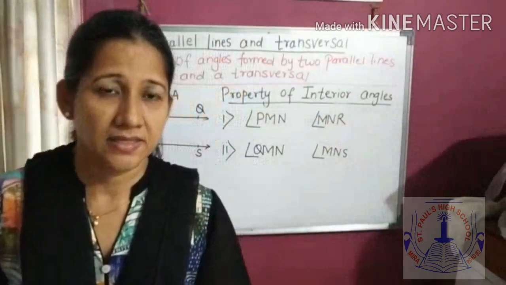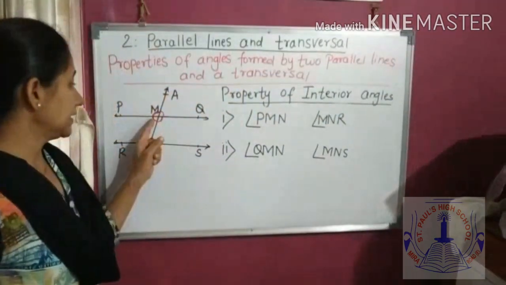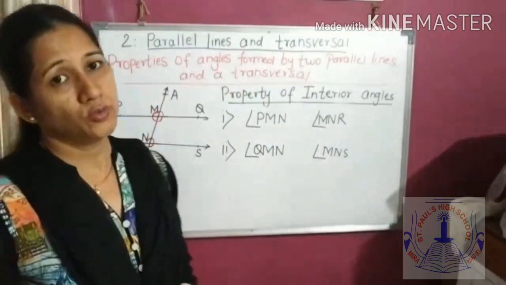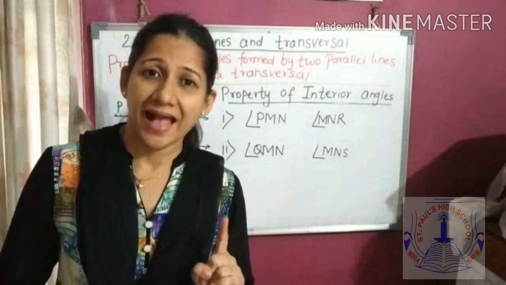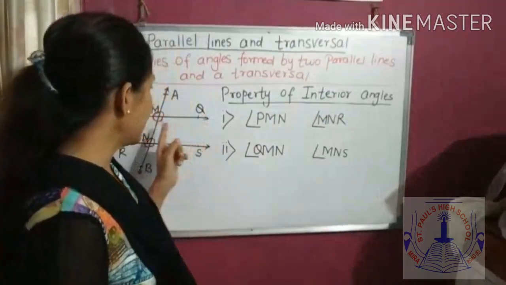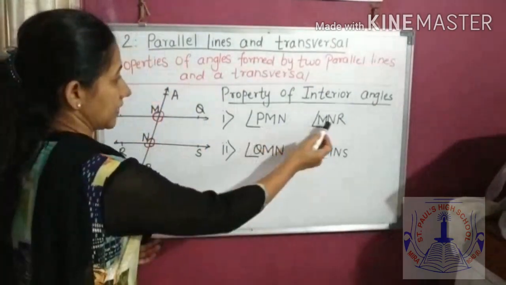Now the next one, students, is the property of interior angles. As per the property of interior angles, the two interior angles formed by the two parallel lines and a transversal are supplementary.